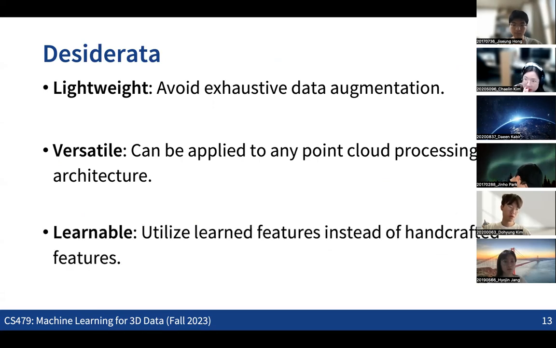And the other thing is that we want the whole process to be learnable, with learned features rather than handcrafted features. To this end, we are discussing a neural architecture, which is the vector neurons.